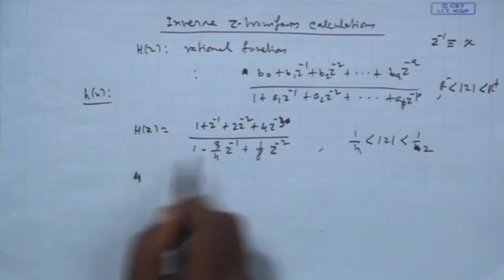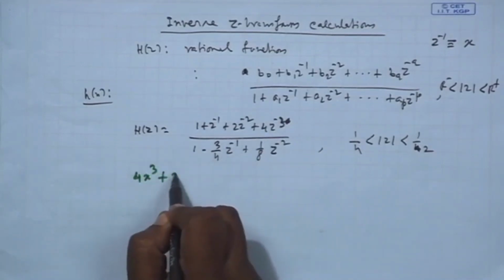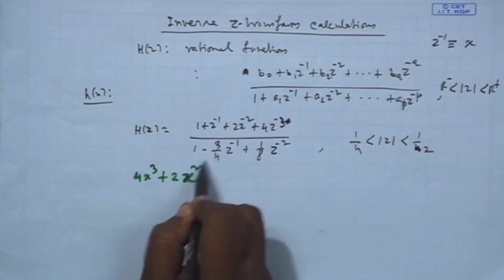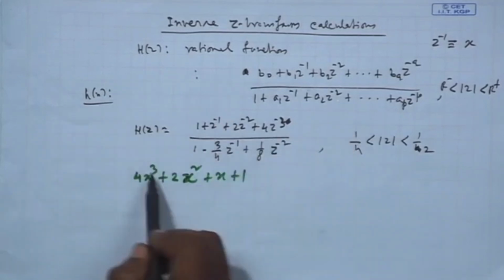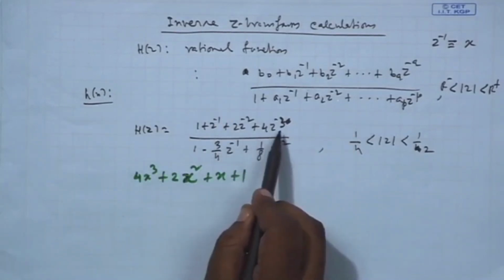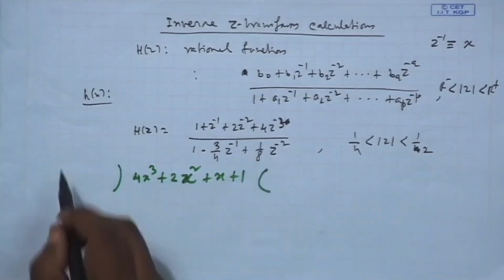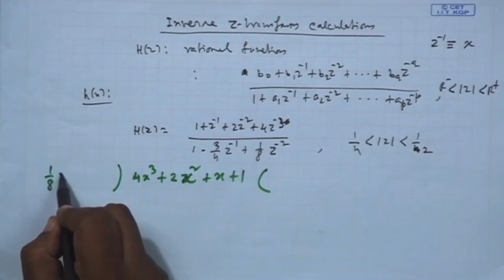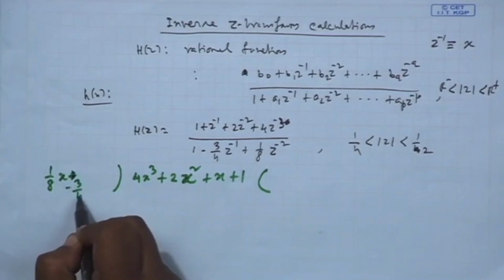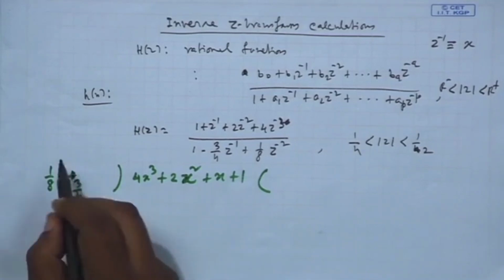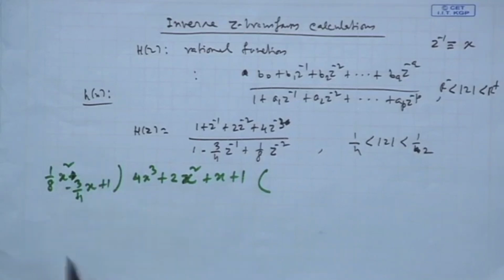So I have 4x cube plus 2x square plus x plus 1. I am writing from the highest power to the lowest power. I am dividing it by 1 by 8 x square minus 3 by 4 x plus 1.